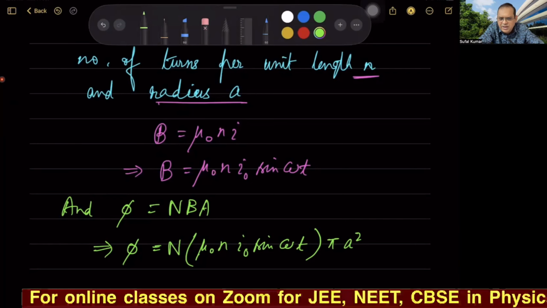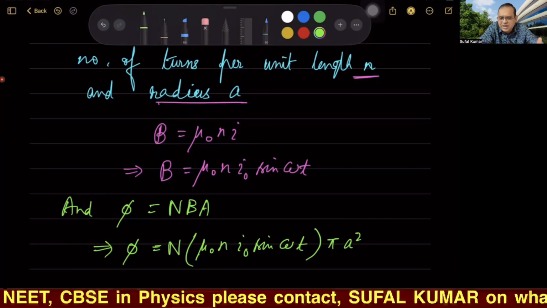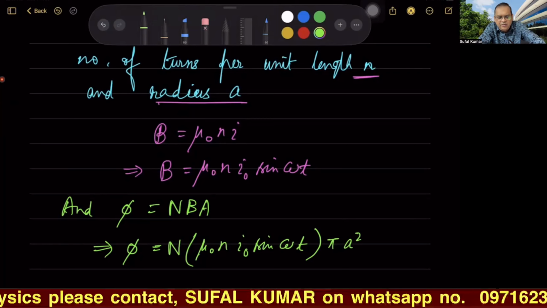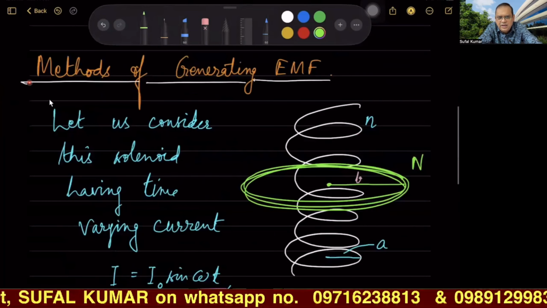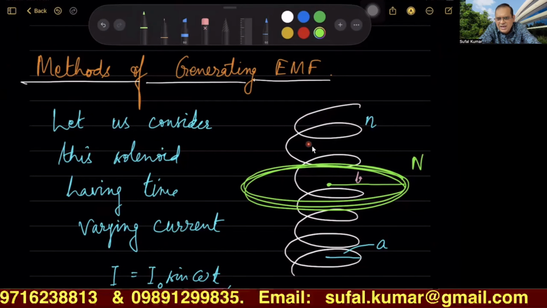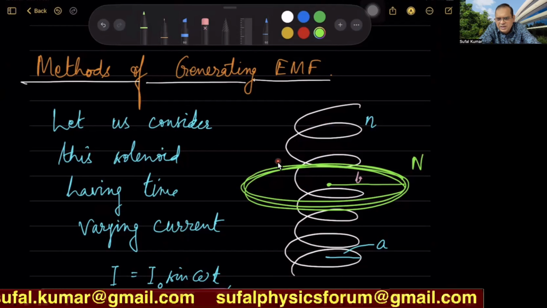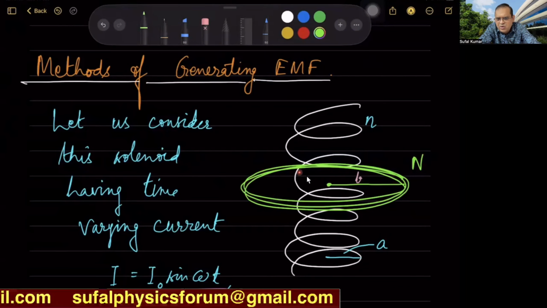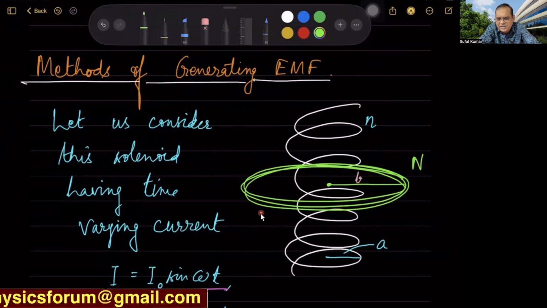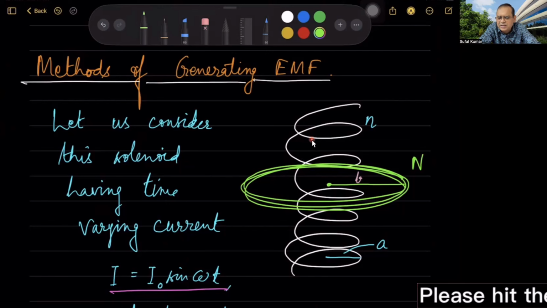Remember, I'm telling you in advance, wherever mutual induction is considered, if this solenoid has a time varying current, then this green circular coil having n turns will have an induced current because of this current. That means it is a case of mutual induction.